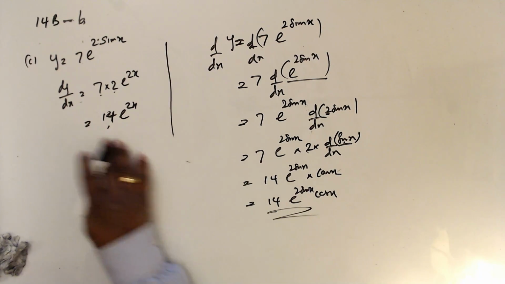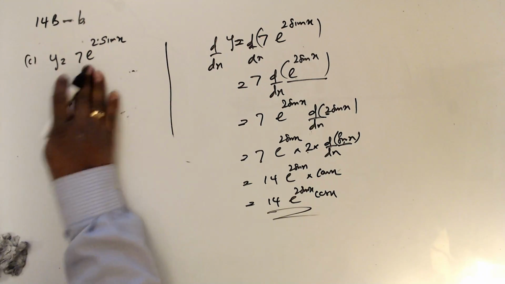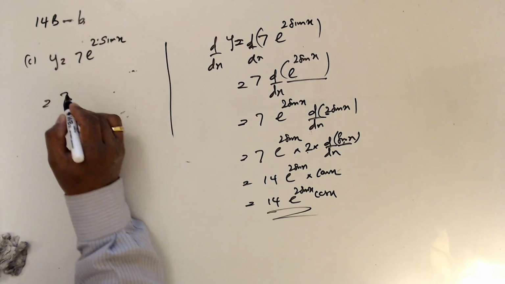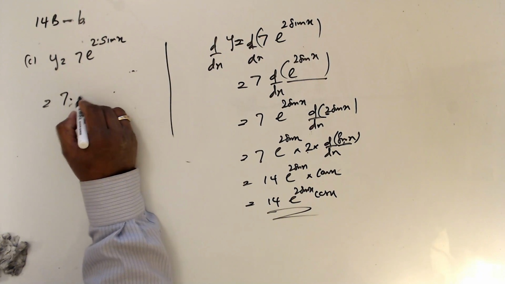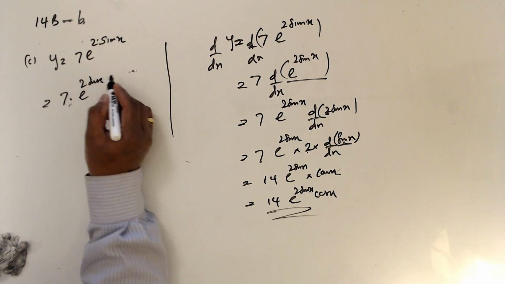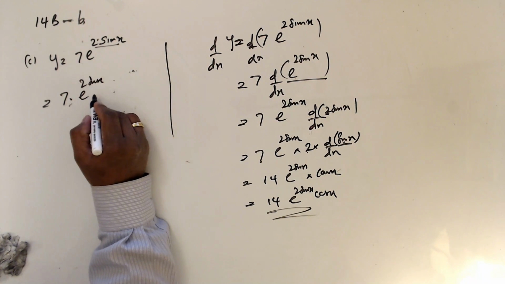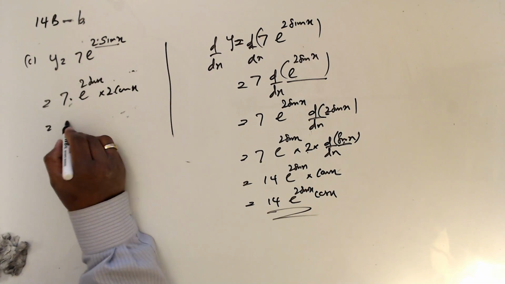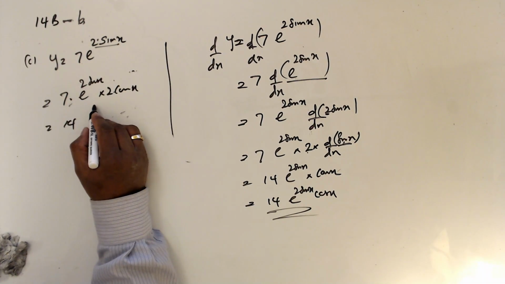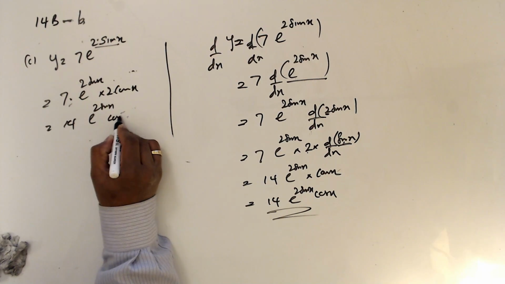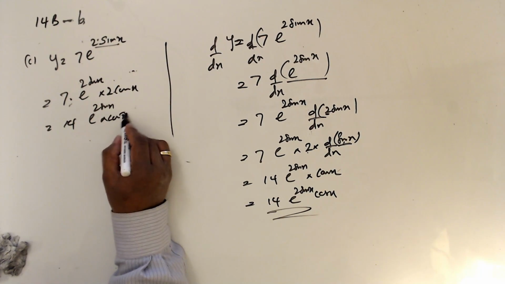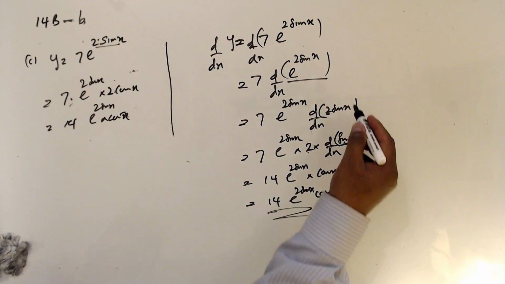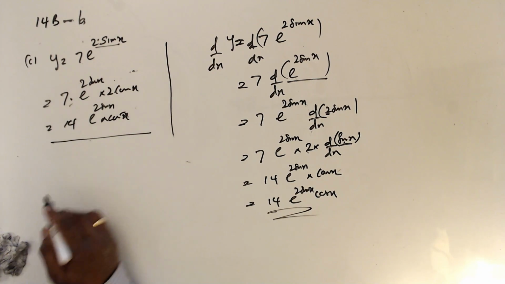For example, 7, then e^(2 sin x), then the differentiation of this one is 2 cos x. So 14 e^(2 sin x) cos x. If you know the algorithm or the way it works, it's just a matter of seconds.